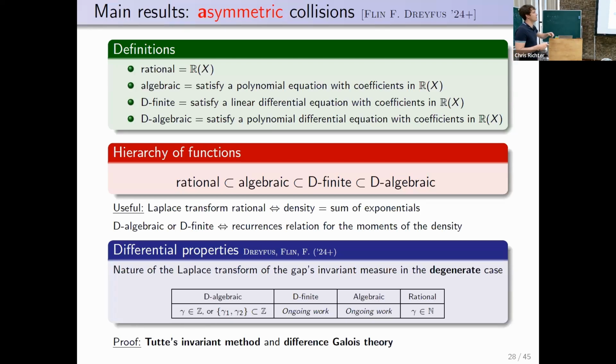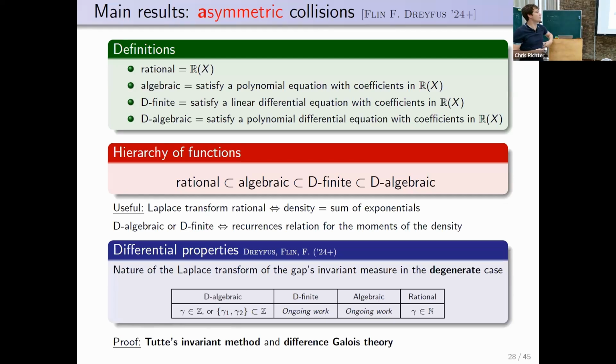So a differentially finite function is a function which satisfies a linear differential equation with polynomial coefficients. And the same for differentially algebraic, but it's a polynomial differential equation. And so this classification, this hierarchy of functions is useful. I cannot explain in detail, but for example, if you know that the Laplace transform is rational, it will give you that the density is the sum of exponential, because we will invert the Laplace transform and it will give the sum of exponential.